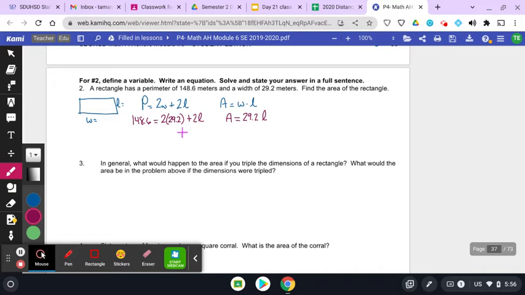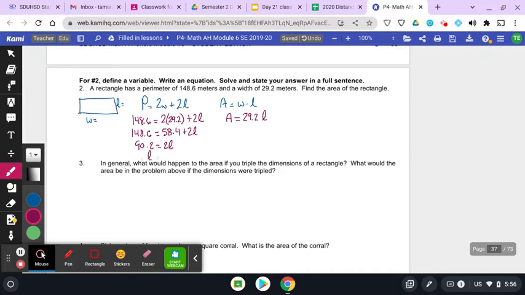All right, here we go. 2 times 29.2. I get 148.6 is equal to 58.4 plus 2 lengths. I want to isolate the variable term, so I'm going to subtract 148.6 minus 58.4. All right, so I get 90.2 is equal to 2 lengths. Now I want to get the variable by itself, so I'm going to have to divide by 2.